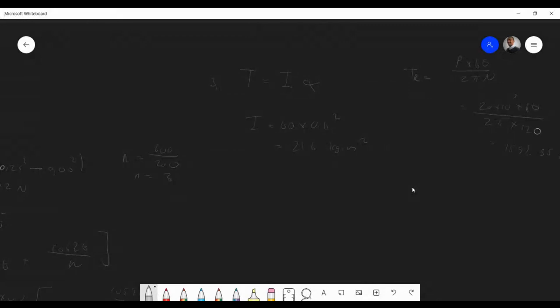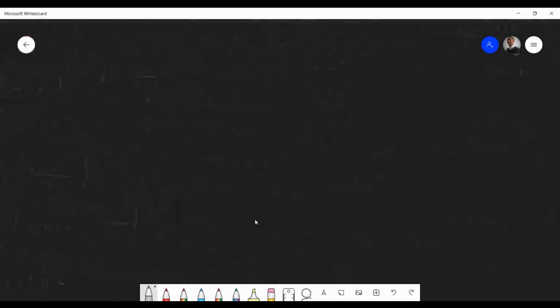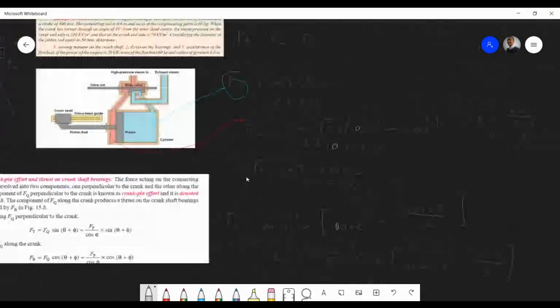Like I said, all you have to basically do is take the torque we got, 3907.51, minus 1591.55, and divide that by 21.6, and that will tell us the acceleration of the flywheel. Yeah, that's basically all.